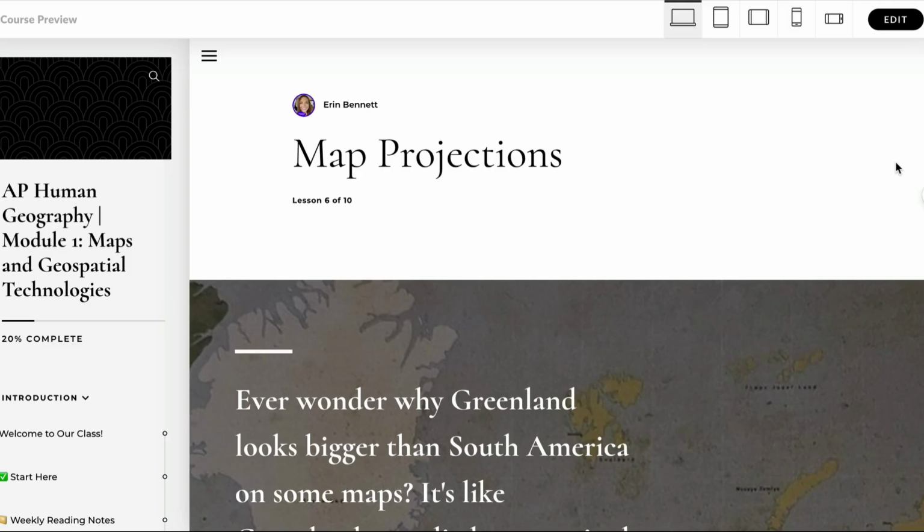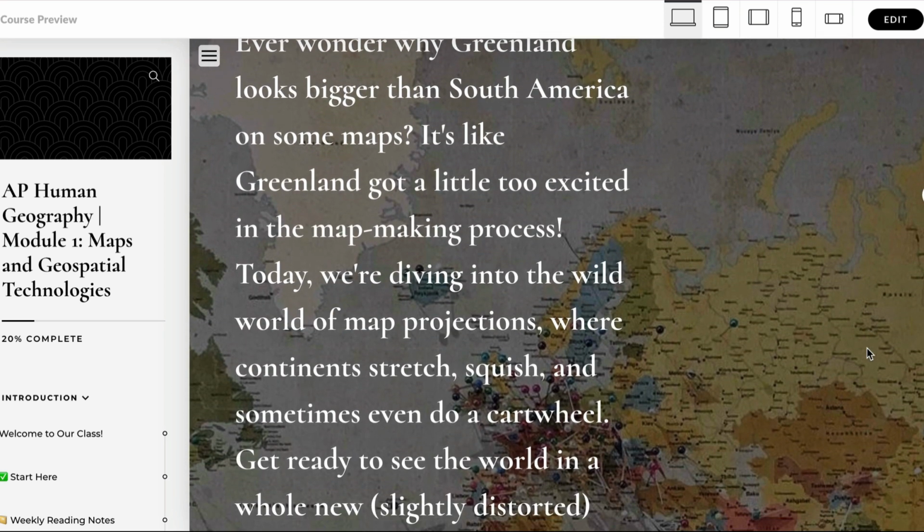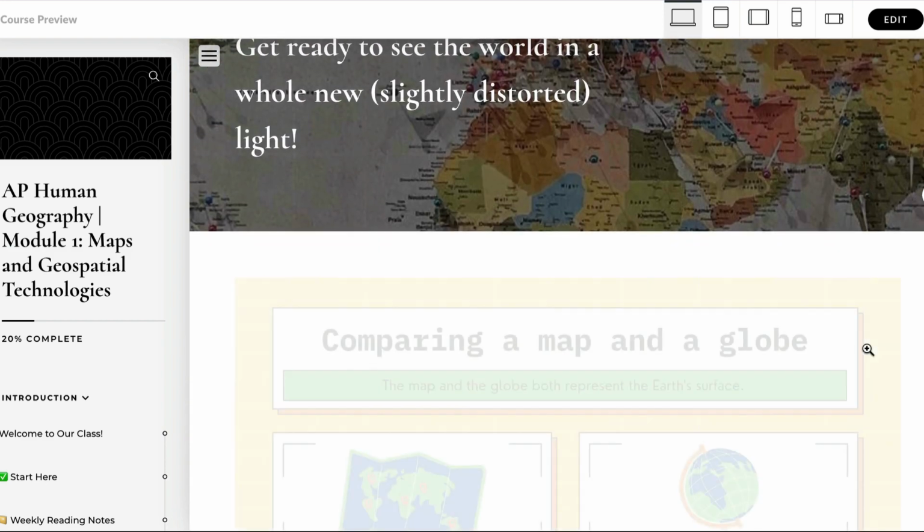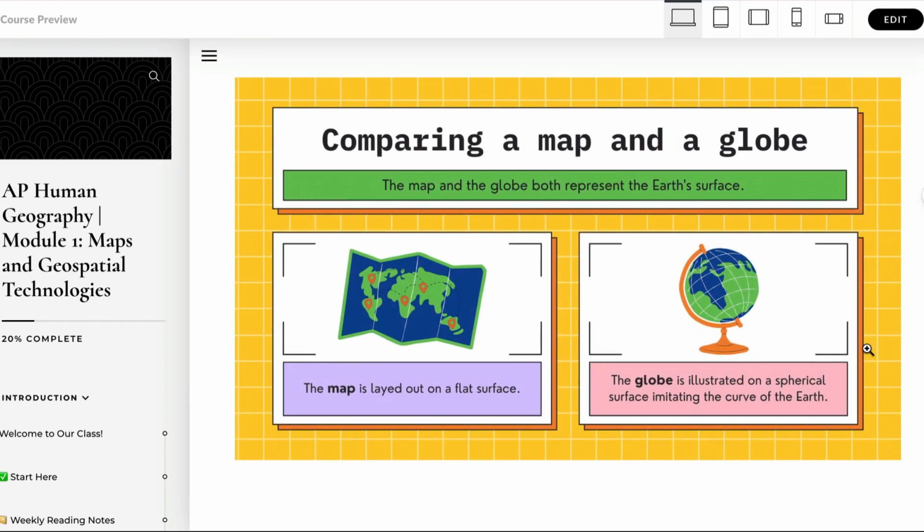A key area in this section is map projections. What we're looking at here is why a map is distorted and what uses the map has based on the distortions.